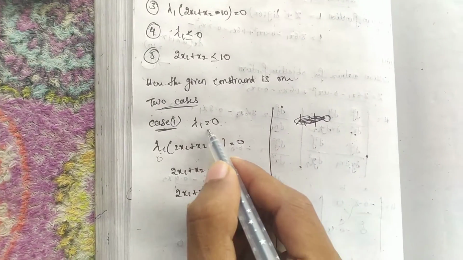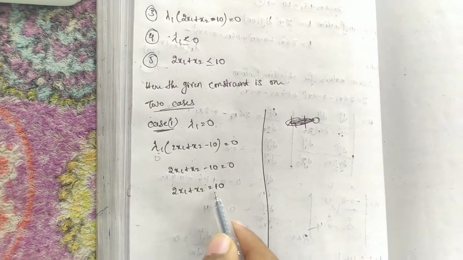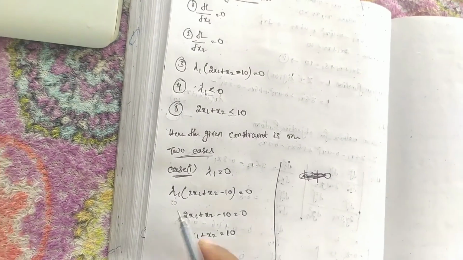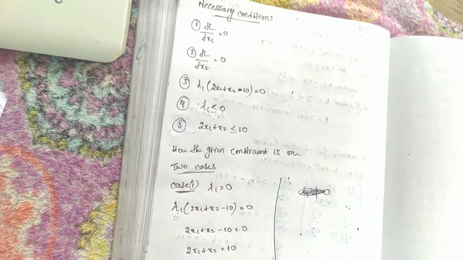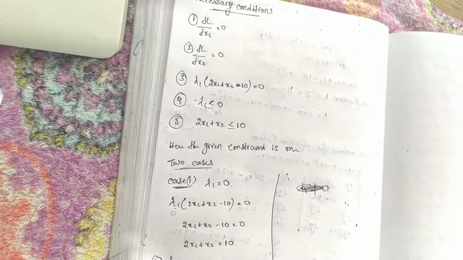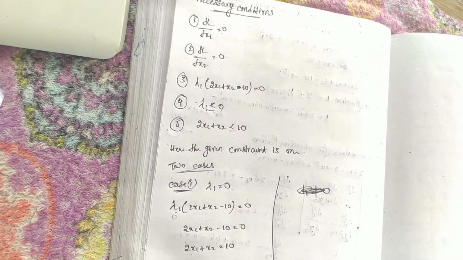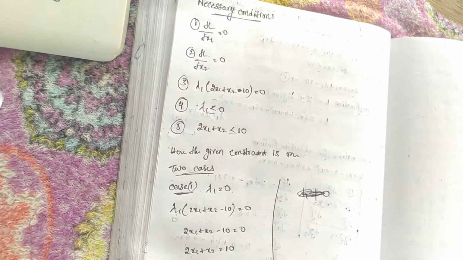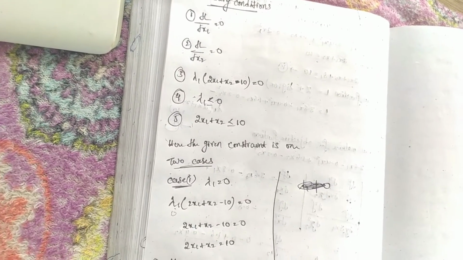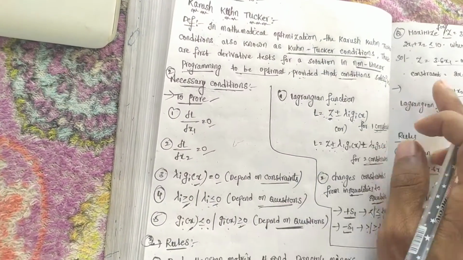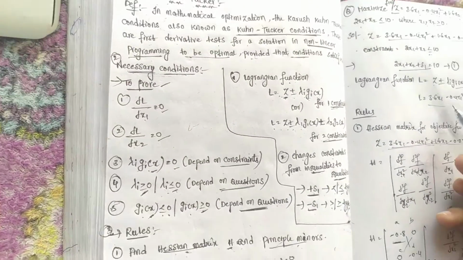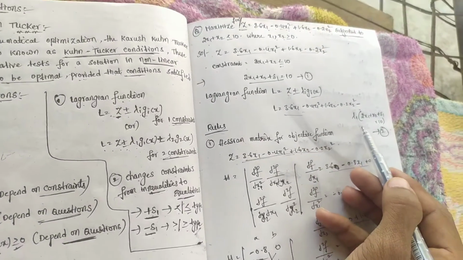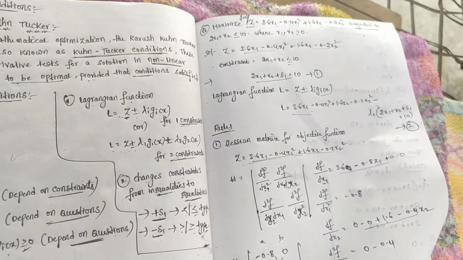When we take lambda 1 equals 0, we get 2x1 plus x2 equals 10. Now we have to satisfy all these conditions. Take the first one, dou L by dou x1 equals 0. We differentiate this Lagrange function with x1.